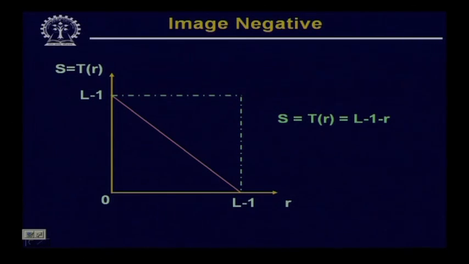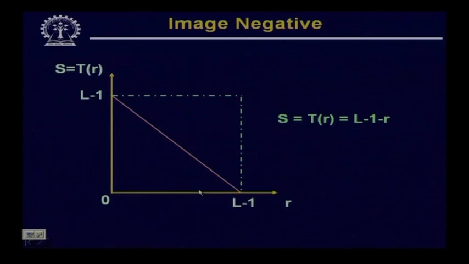So, whenever R is equal to 0, S will be equal to L minus 1, which is the maximum intensity value within our digital image. And when R is equal to capital L minus 1, that is the maximum intensity value in the original image, S will be equal to 0. So, the maximum intensity value in the original image will be converted to the minimum intensity value in the processed image, and the minimum intensity value in the original image will be converted to the maximum intensity value in the processed image.